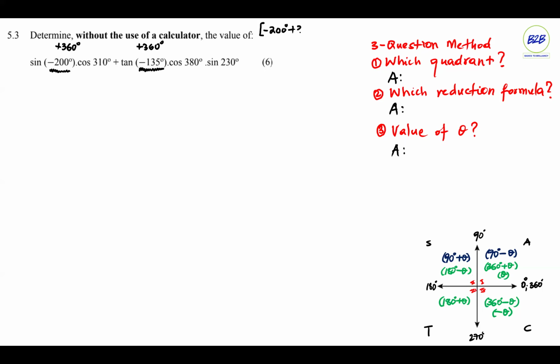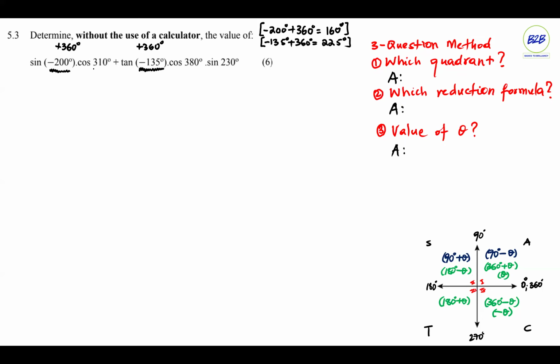What are we going to do? Add 360 degrees. What do we get? When we say in your calculator negative 200 plus 360 degrees, you are bound to get 160 degrees. When we say negative 135 degrees plus 360 degrees, you are bound to get 225 degrees.